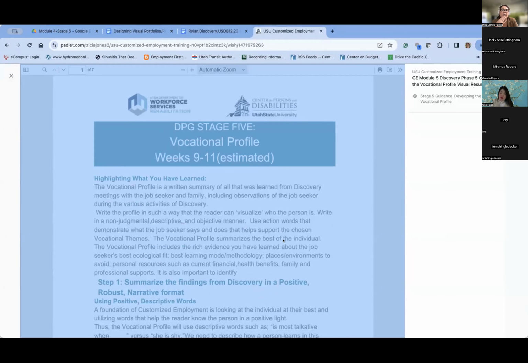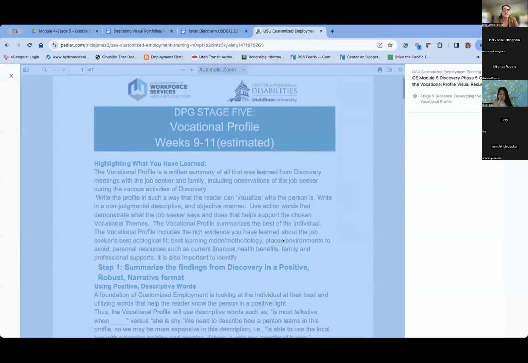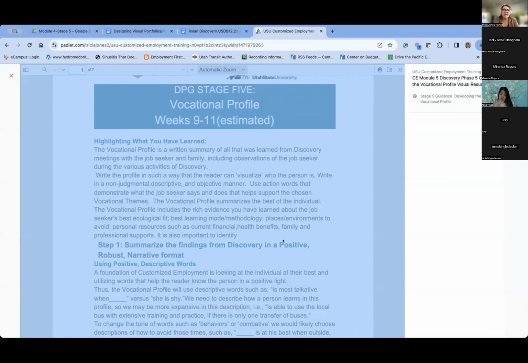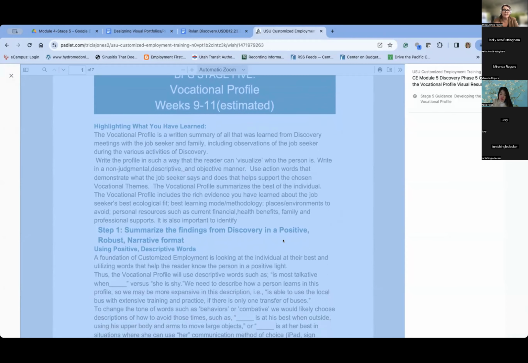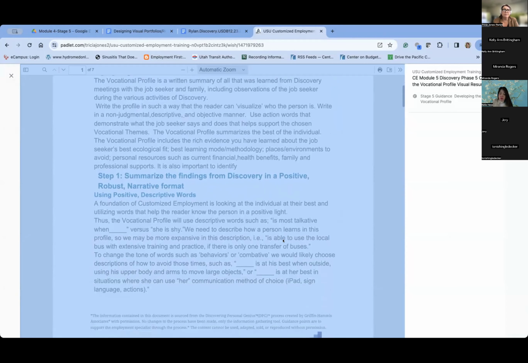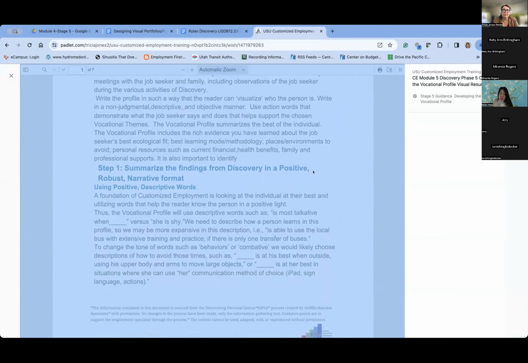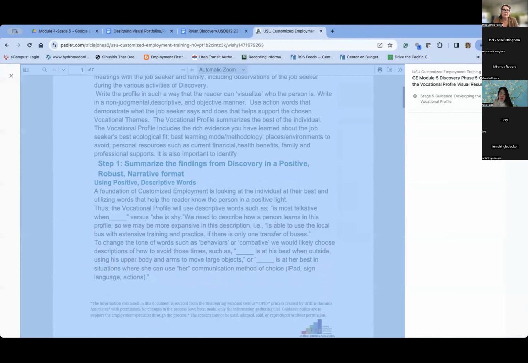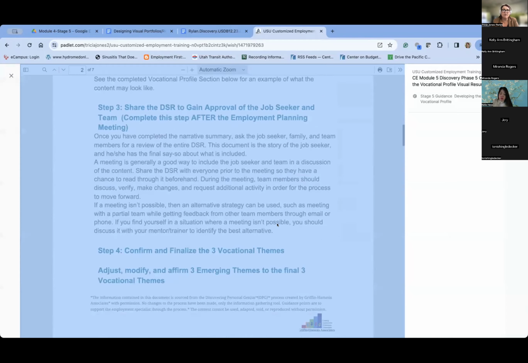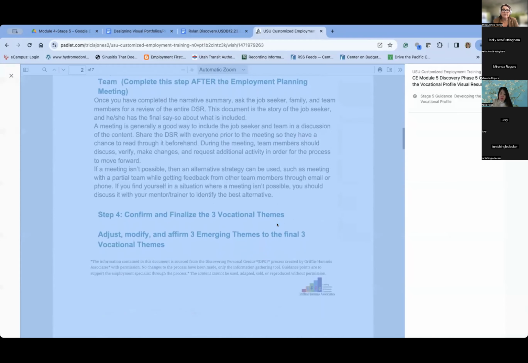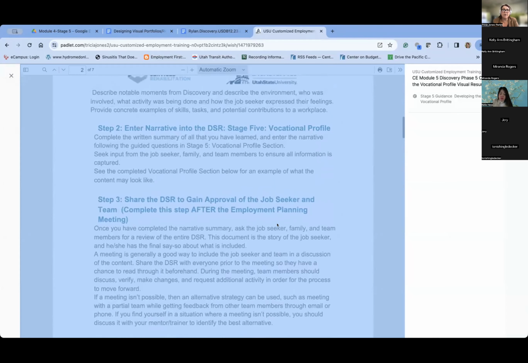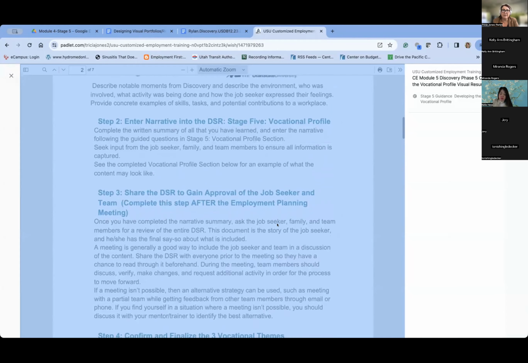Just like all the other stages, you have that narrative guidance document that gives you the steps, how you summarize it, and then you've got an example. This talks about how you're going to do the planning meeting.